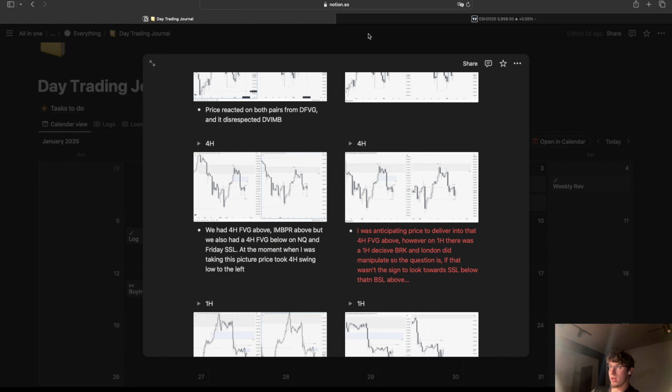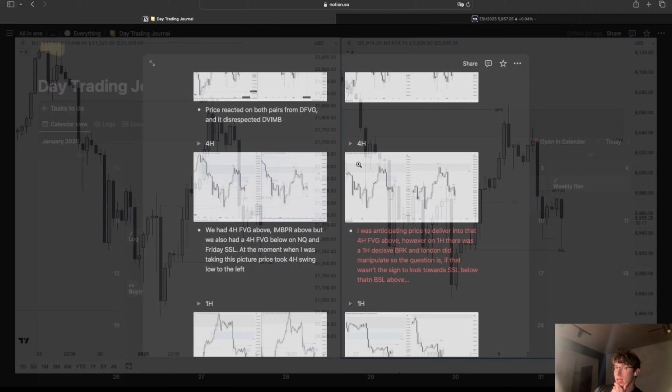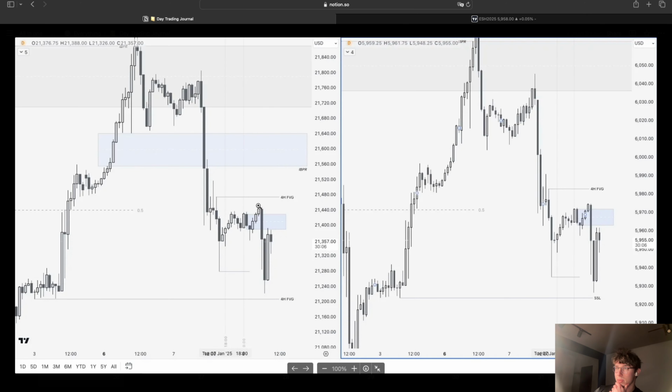dip lower. And one thing that I also did, which was wrong, was looking for this reaction here. I was looking at this wick here, and I was anticipating this 4 hour FVG, but again, on 1 hour, London manipulated. There was no more buy side. The buy side was only here, but seeing this huge move, I was again thinking that sellers are in profits, but who cares?